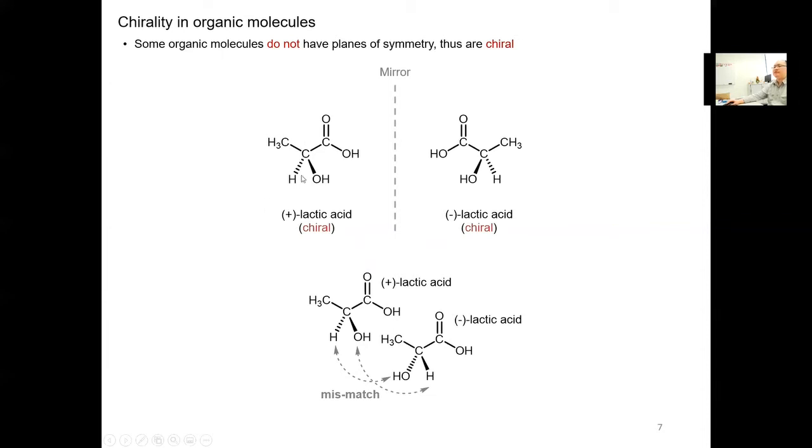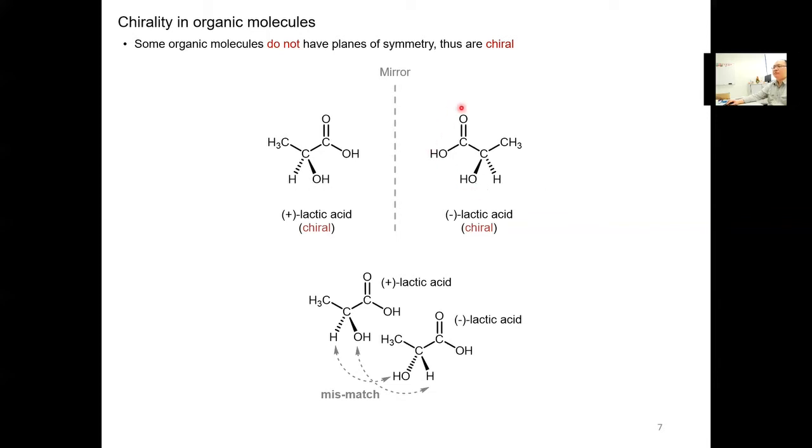Okay, so the left one, what I show you, is like the propionic acid, but it has a substitution on the 2 position, which we call lactic acid, and it's plus lactic acid. On the right, it's minus lactic acid. Okay, and you can see they are mirror images, right? The OH points towards you, the OH points towards you, H in the back, H in the back, right?